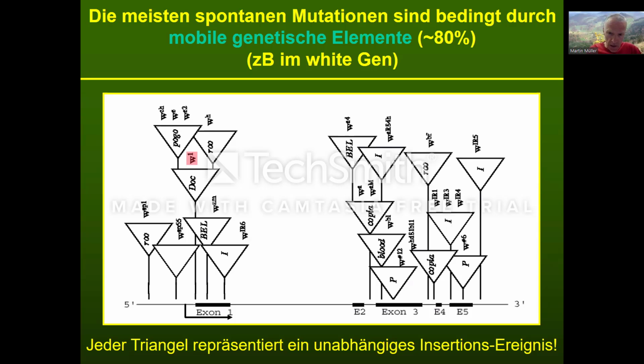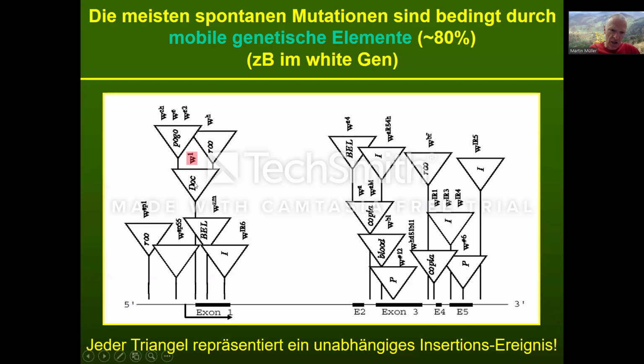And you can see all these triangles up here. They are all independent mutation events of different white alleles. The first white allele isolated, white 1, had a mobile genetic element. These triangles represent mobile genetic elements.